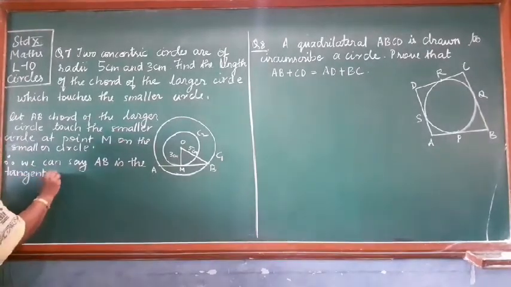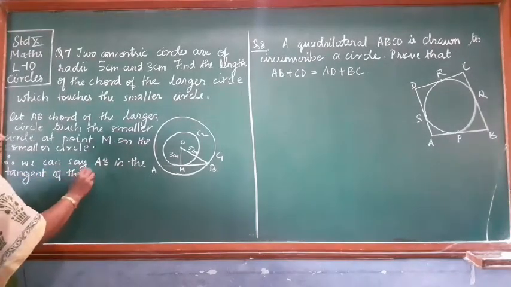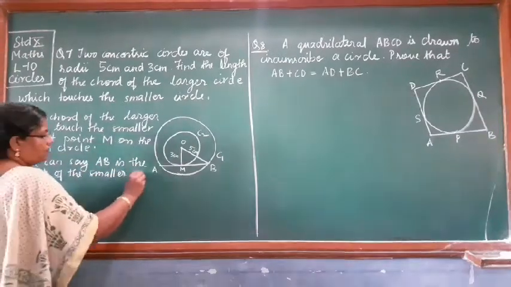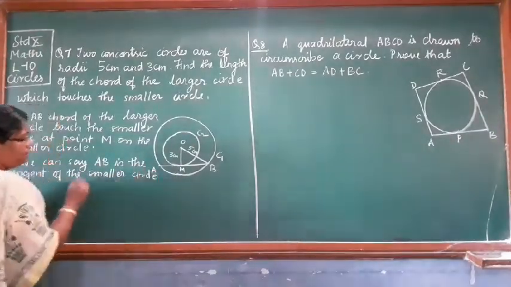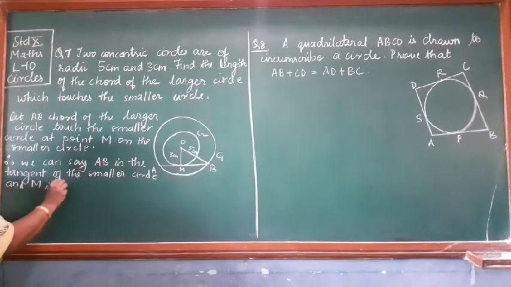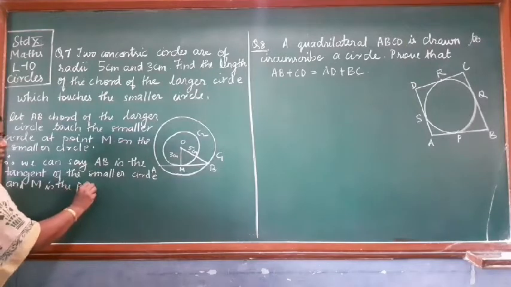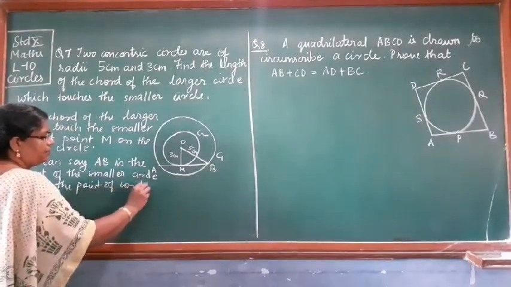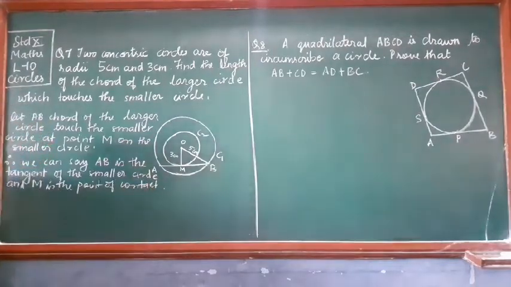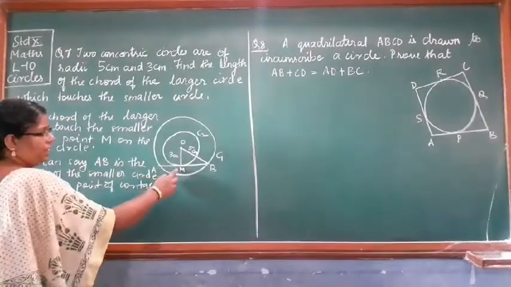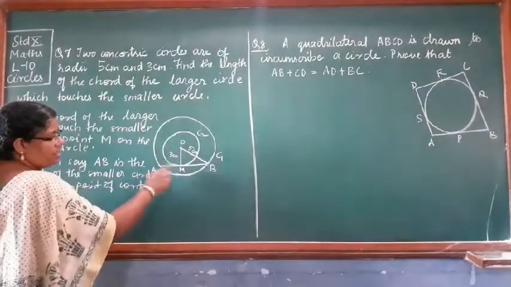So AB is the tangent of the smaller circle, and M is the point of contact. ठीक है? अब M is the point of contact and OM is the radius.